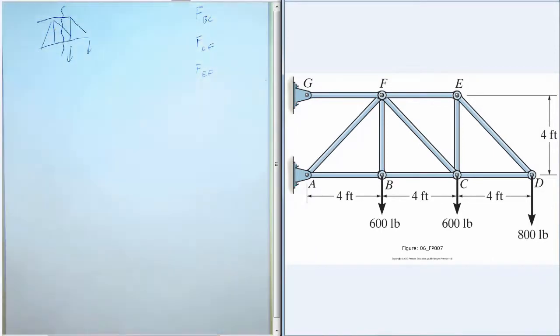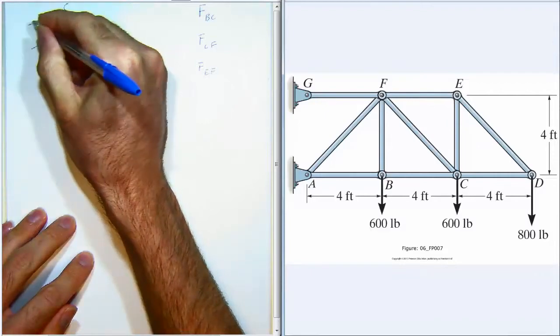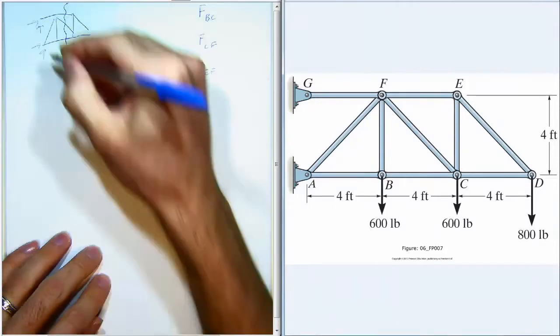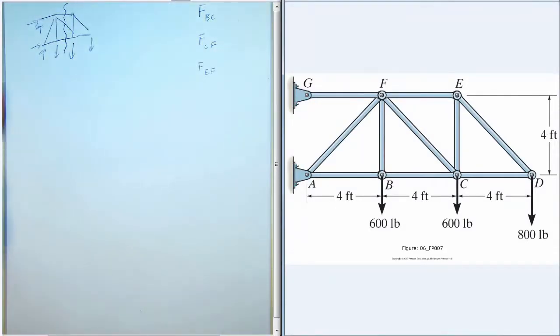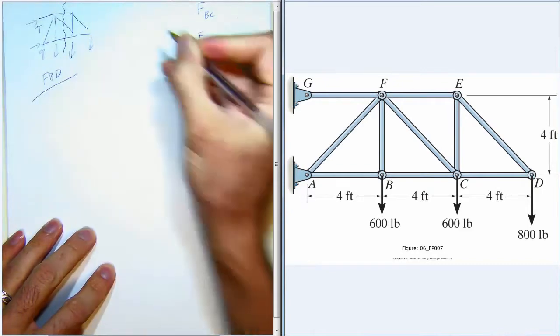Okay, so we would have the reactions over here. We've also got external forces. So there's the free body diagram of the truss. And just looking at that, it will be simpler to consider the section of the truss on the right. So here is our free body diagram for the method of sections.